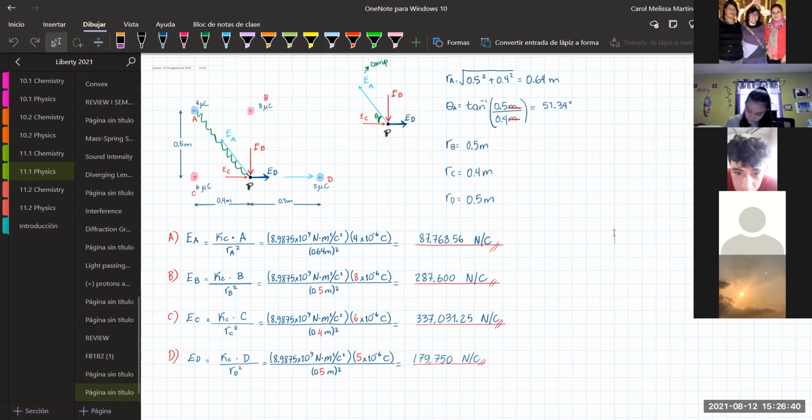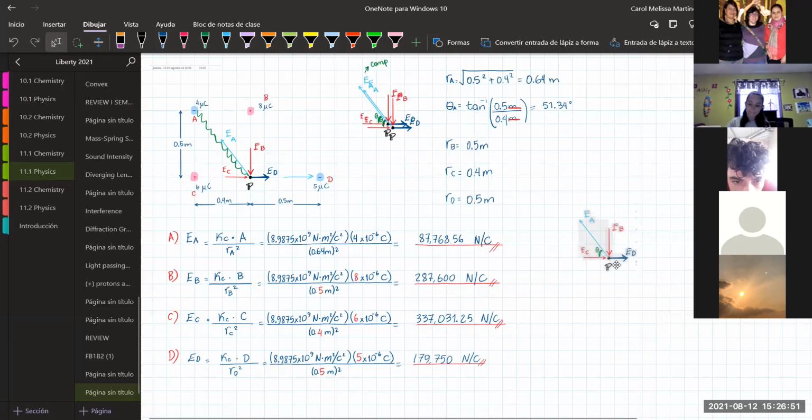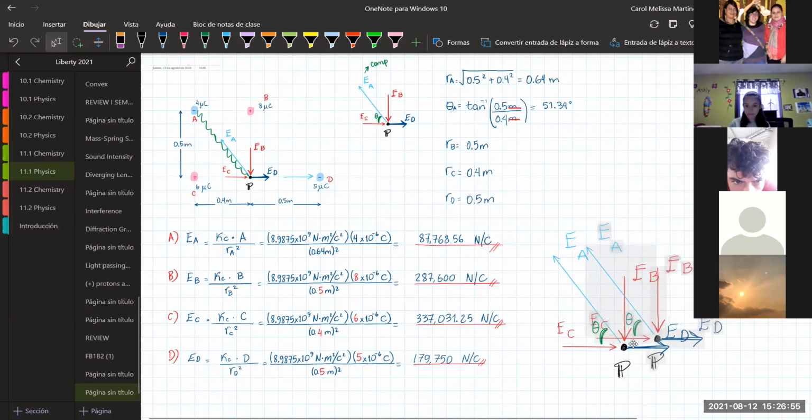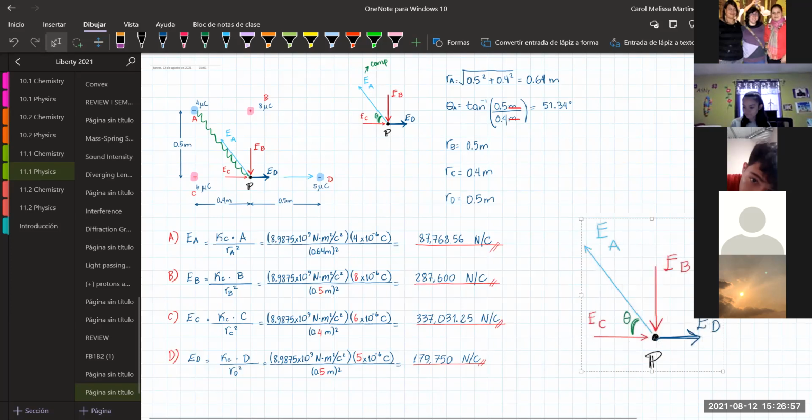So you have the values of your electric fields. So I'm going to take my particle, I'm going to make it bigger because I'm going to work in it. And I'm just going to include all the information from here.